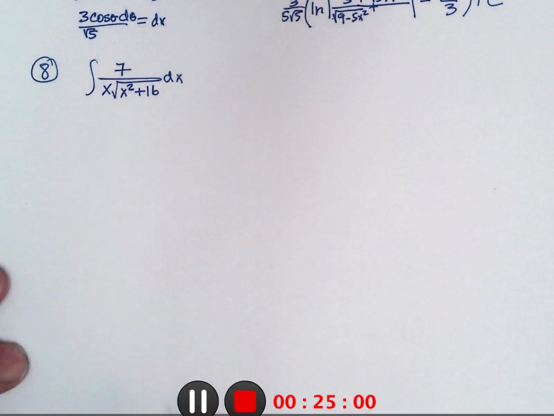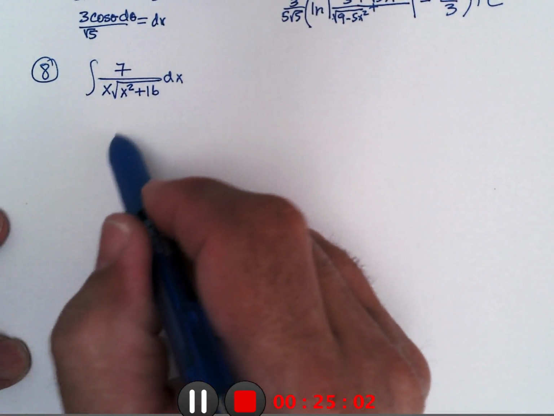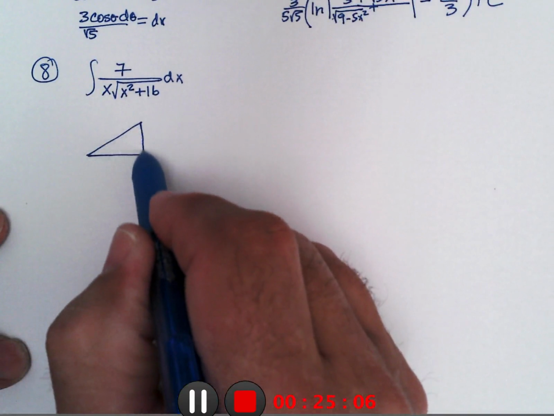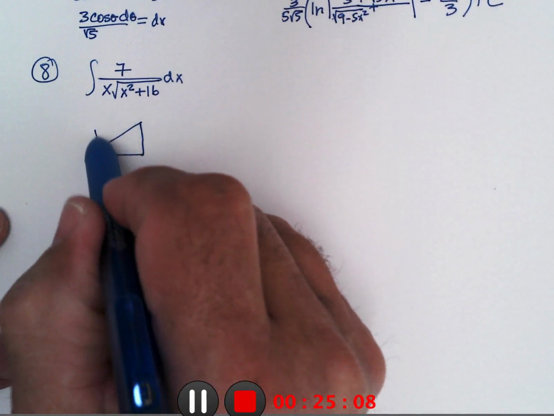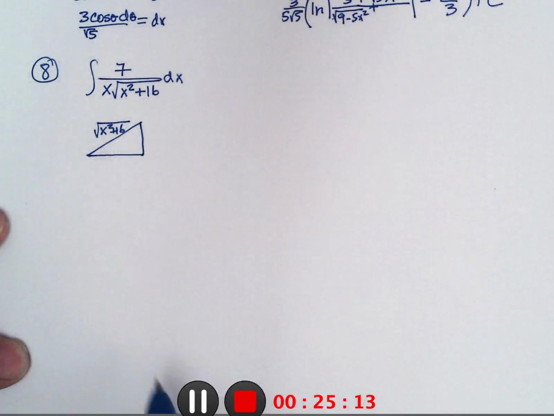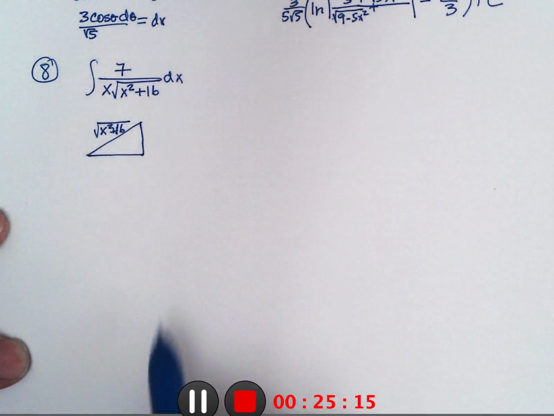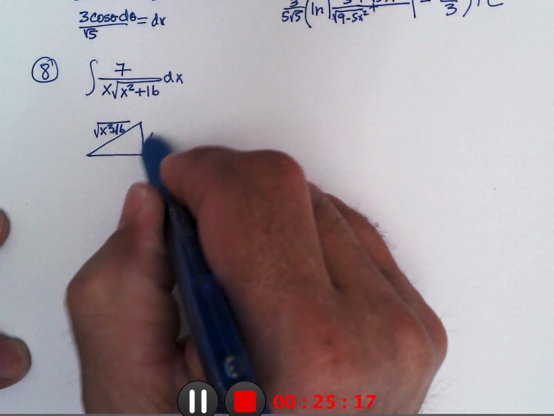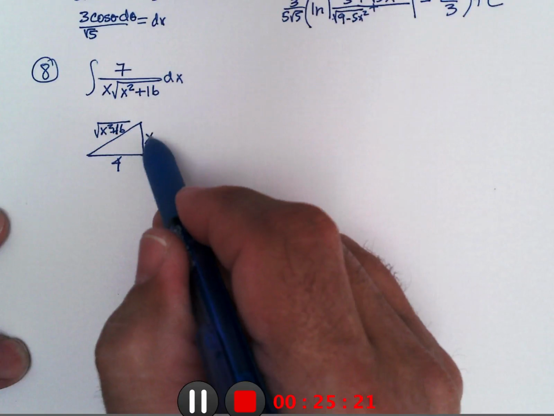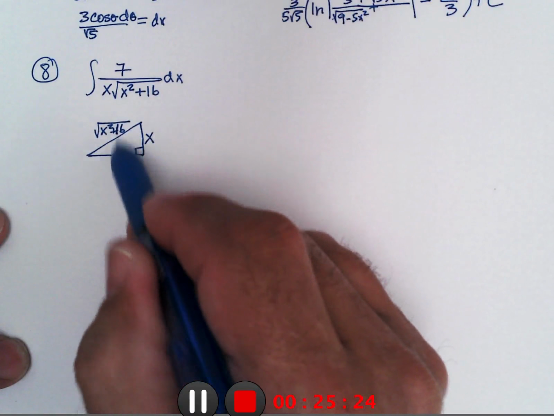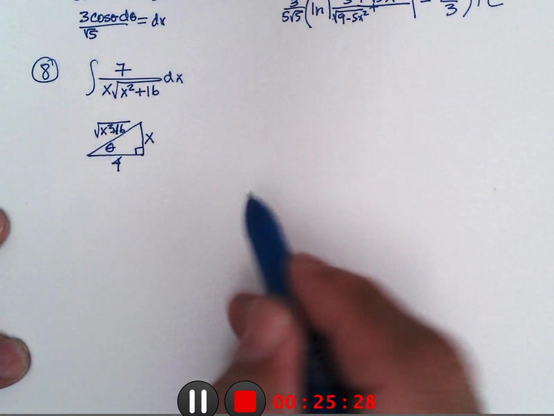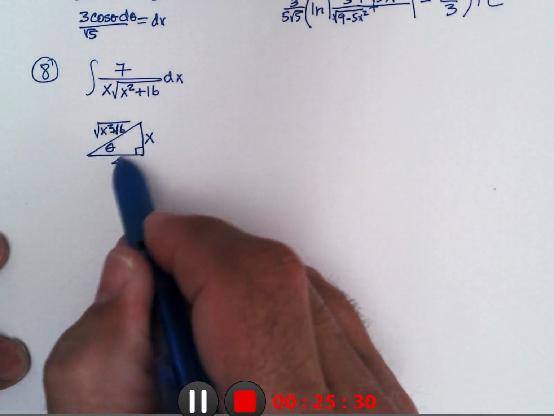That's kind of telling us that we want to use the tangent substitution. We want to put square root of x squared plus 16 on the hypotenuse. That's where it gets the plus. And we put the x here and the 4 here, so that becomes leg squared plus leg squared. Square root is the hypotenuse. So the tangent is x over 4.